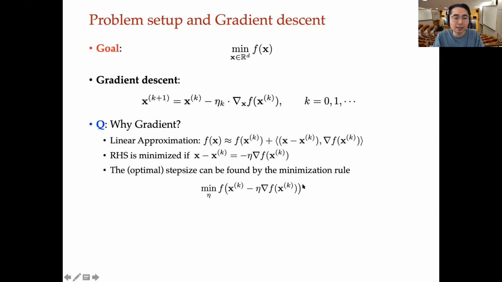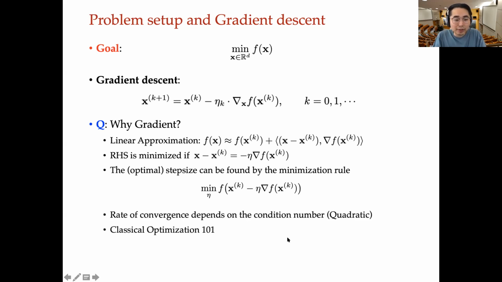The step size can be found by applying the minimization rule, which is just a one-dimensional minimization problem. It is well known that the rate of convergence depends on the condition number if you are solving a quadratic problem. These all belong to classical optimization 101.